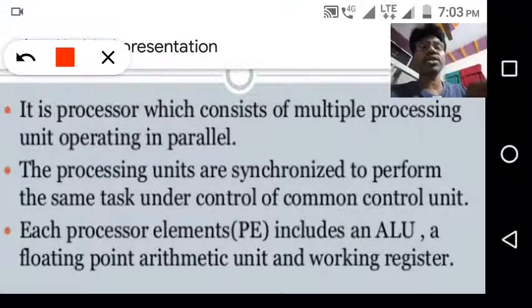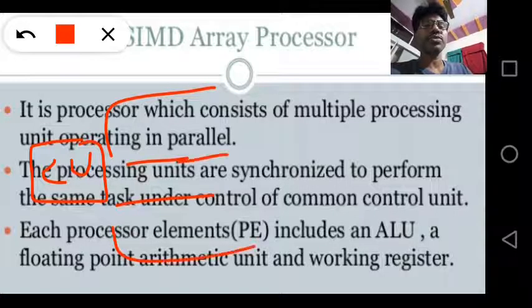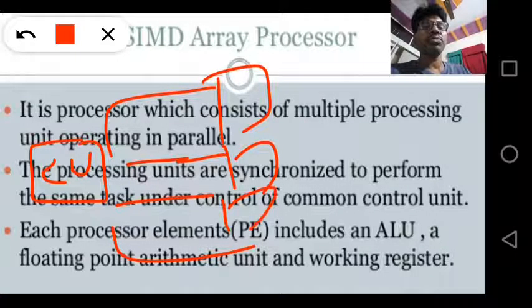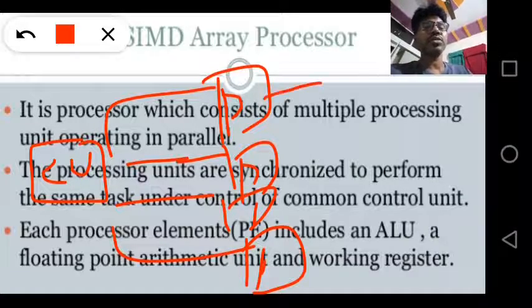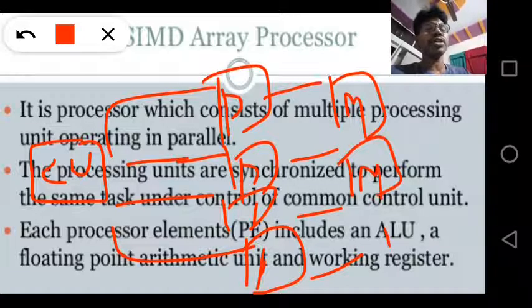So we have one control unit, and we have multiple processing elements that are connected to multiple data streams.